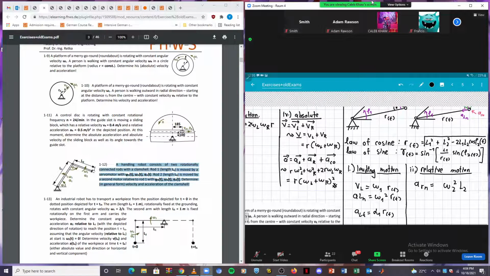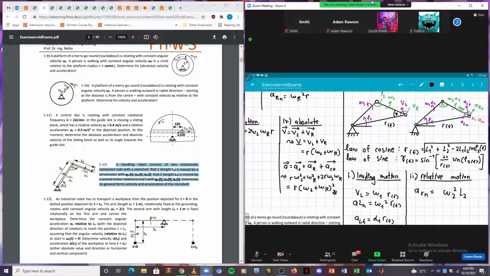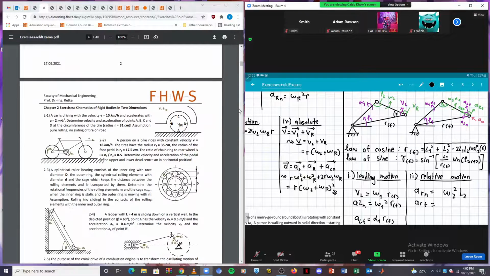A_N is there, and you need A_T and V_R. No, not the tangential, not time dependent. Oh, you said R and T, same as for the leading motion. Just now we are in relative motion. Yes. No, alpha.